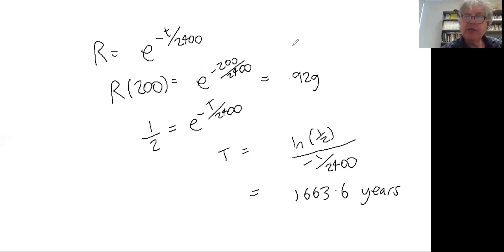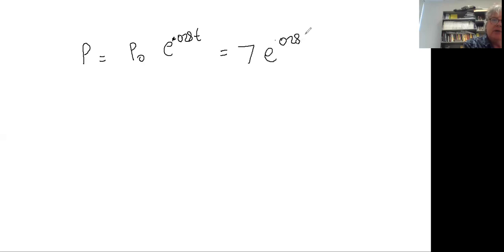And then the last question in this section was about Thomas Malthus. Okay, so we're told that the population increases geometrically, so that's exponentially. So P is going to be P naught e to the 0.028 t, and we're told that we start with 7 million people, so it's 7 times e to the 0.028 t.